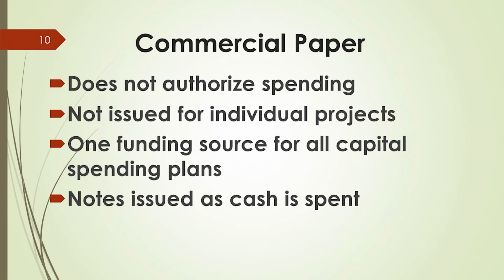Metro Finance manages the issuance of these notes to ensure cash is available as project expenses are incurred. When available cash has been used, a new initial note is issued for the next few months of projected expenses. The notes have a short duration, and at maturity they are resold. This process continues until Metro issues bonds to pay off the outstanding notes.